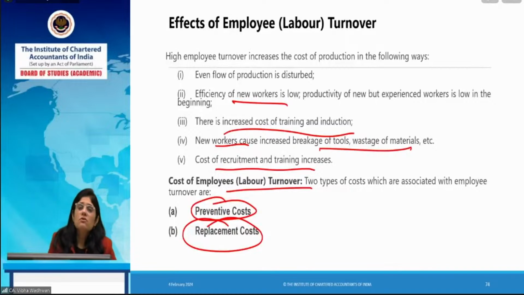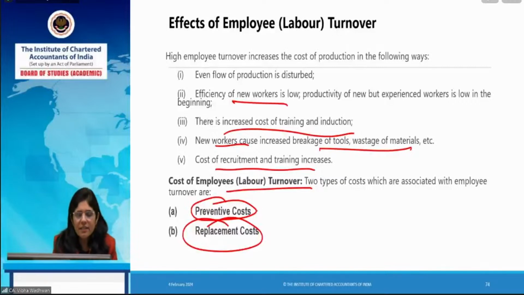So if you want to retain the employees, you prevent turnover. Prevention means stopping. So if you want to avoid labor turnover, you have to incur some cost, increase their wages. That is preventive cost. Replacement is now the employees have left, but there is the cost of the new employees.